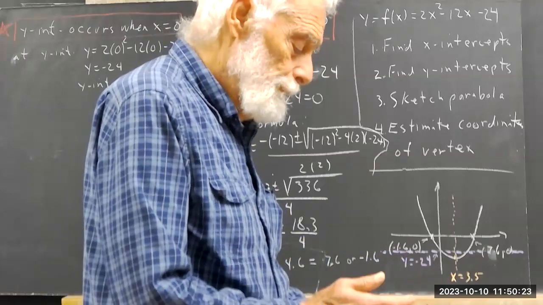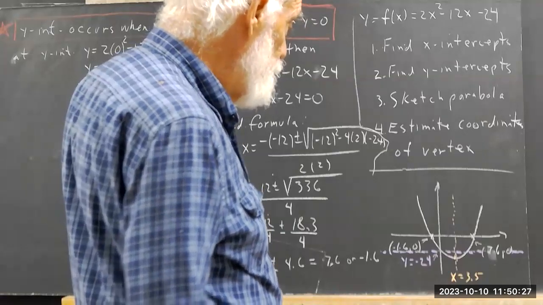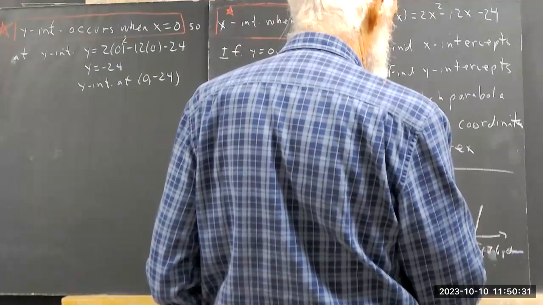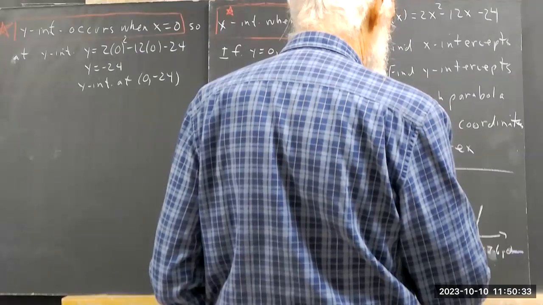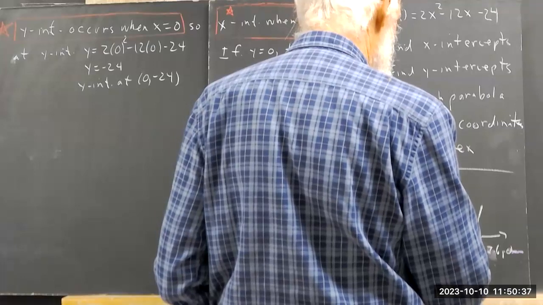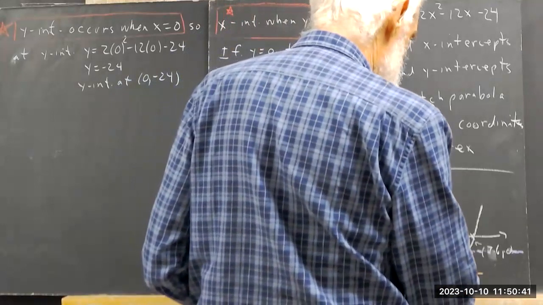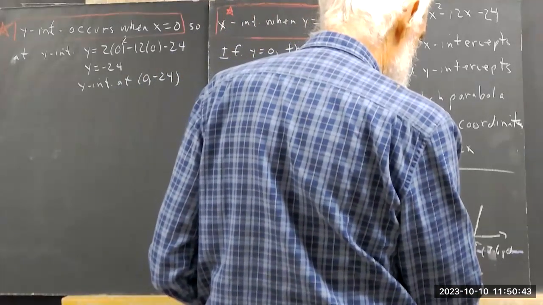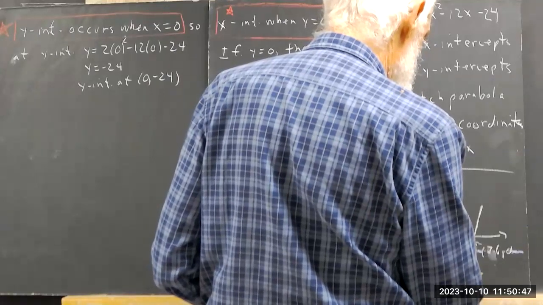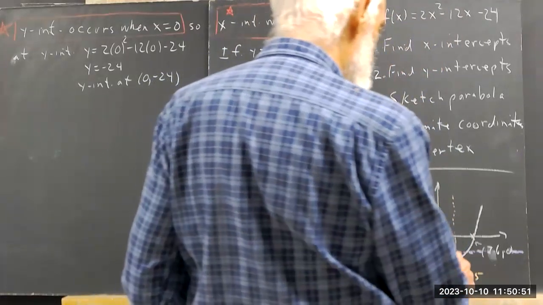Now I can always subdivide things a little bit. I could divide 24 in half, and I could get negative 12 here. Divide that in half, I've got negative 6 here. And then make a couple more marks. If I go to negative 12 down here, well, that would be negative 36. If I go this distance below, that's probably too far.